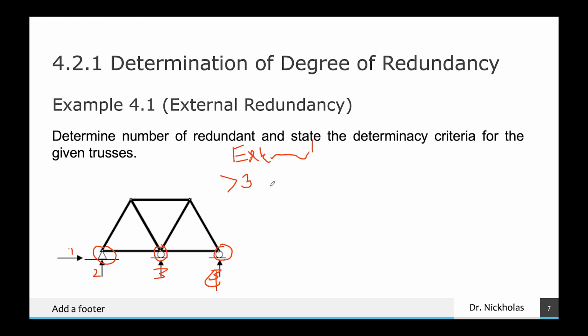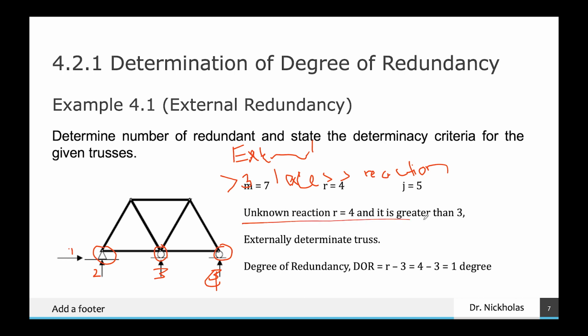So it means that we have 1 excess unknown reaction force. Since the unknown reactions are greater than 3, it is considered an externally indeterminate truss, to 1 degree.